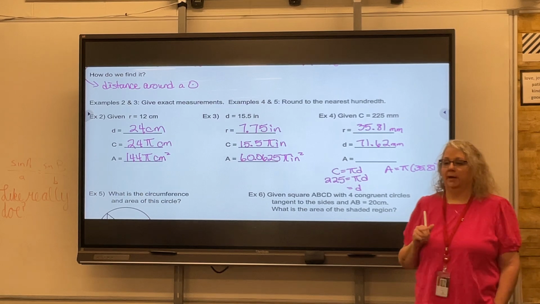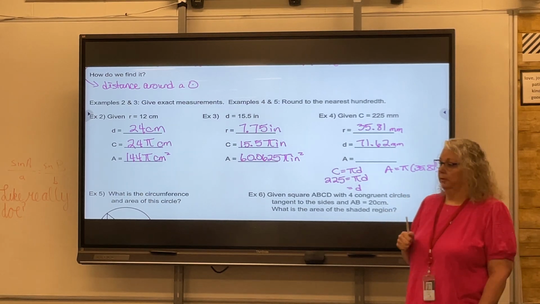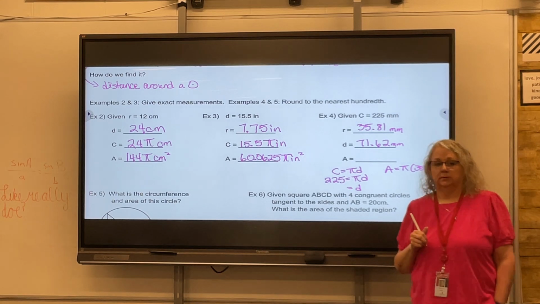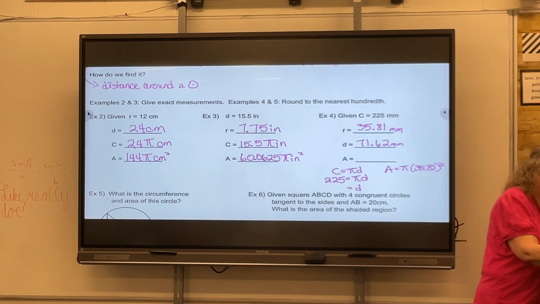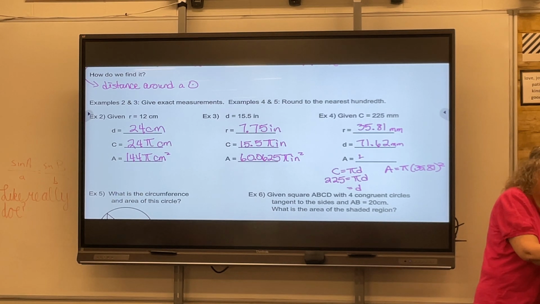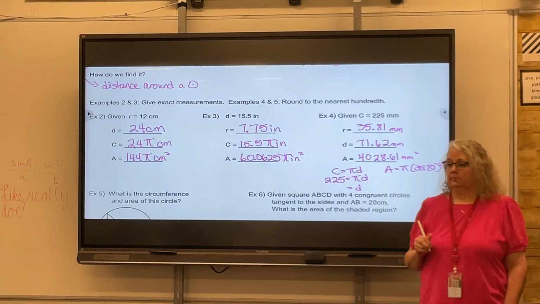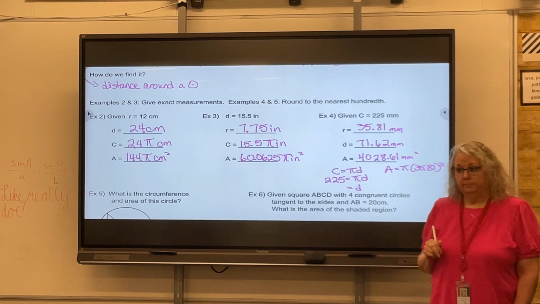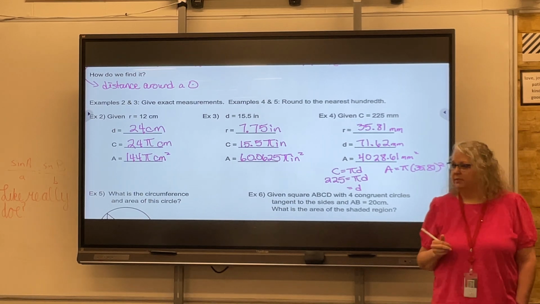So 35.81 squared times pi, and you get 4,000.61 millimeters squared. Most of that's review.